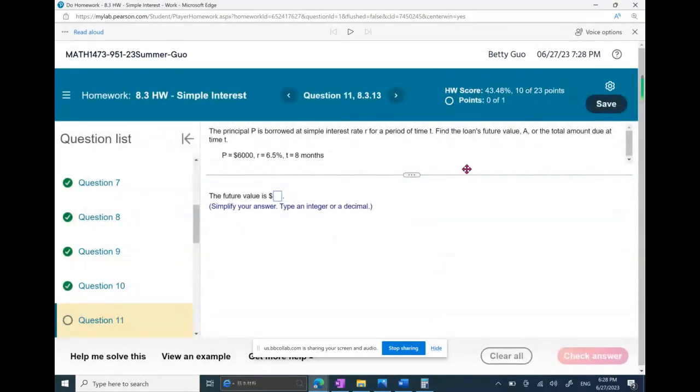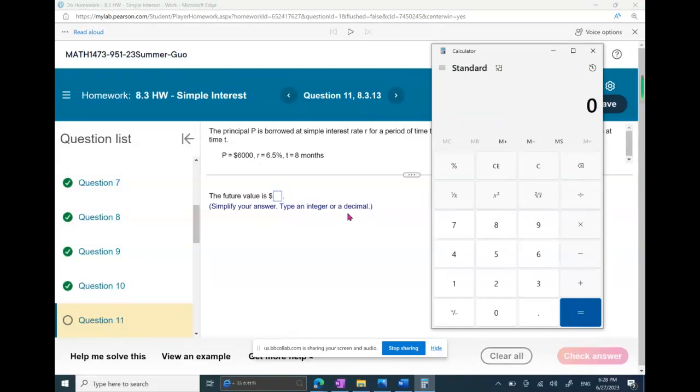Question number 11. We need to find the loan's future value. Same type of problem, same strategy, same process. Find the simple interest first, and then add the simple interest to the principal to get the future value of the loan.